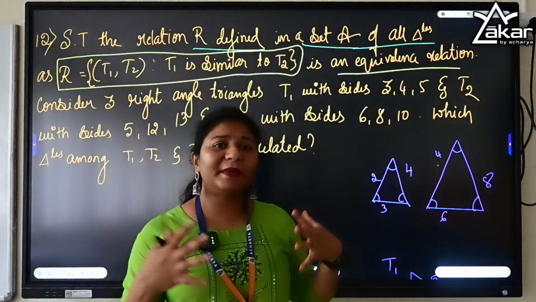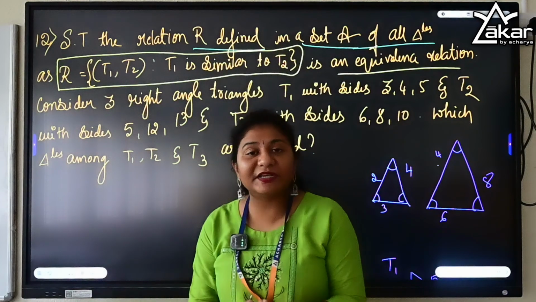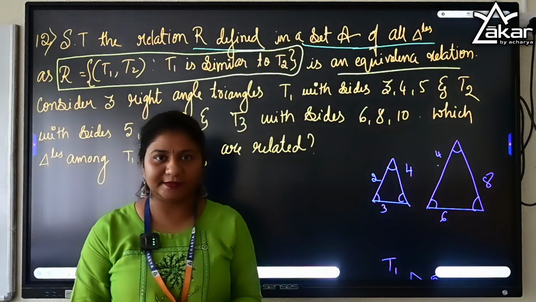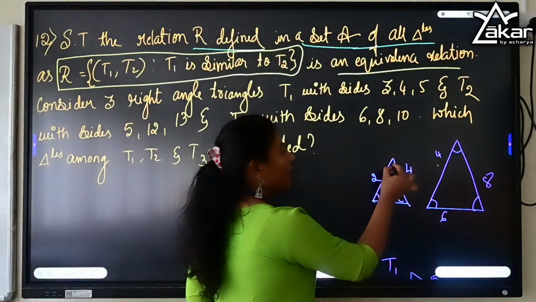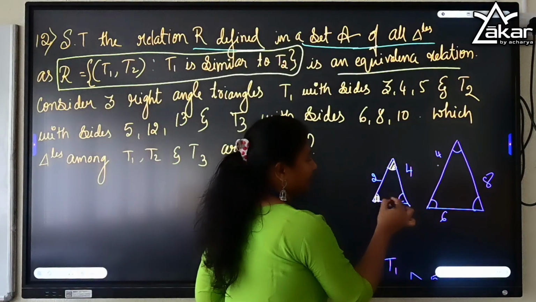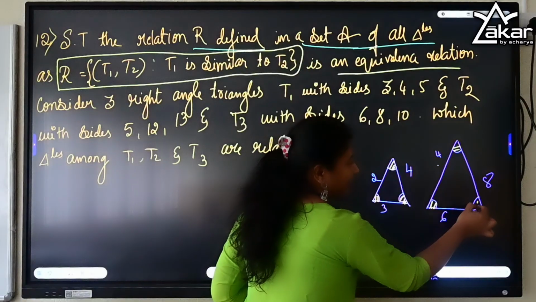How can I show these two triangles are similar? You have previously known about congruence. What does congruence say here? If your angles are equal, their sides are also proportional, right?